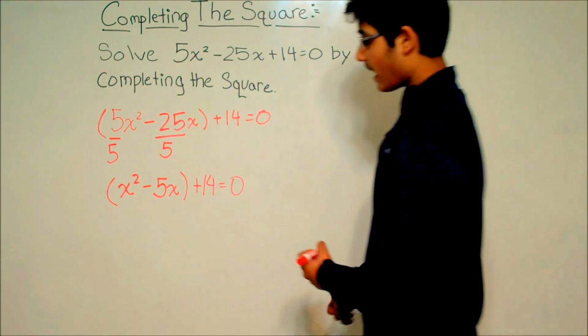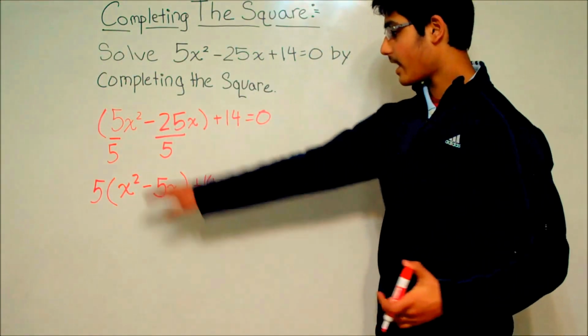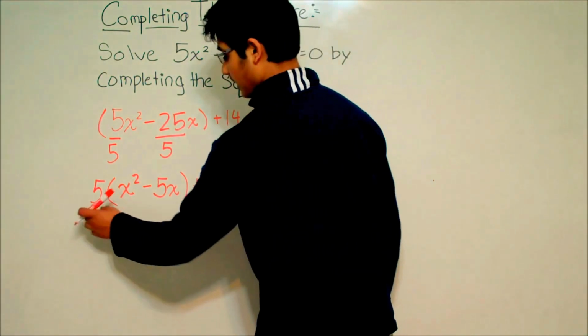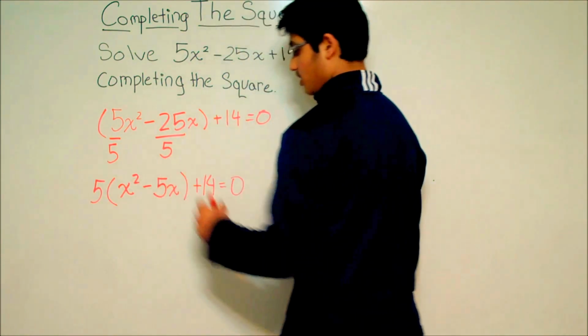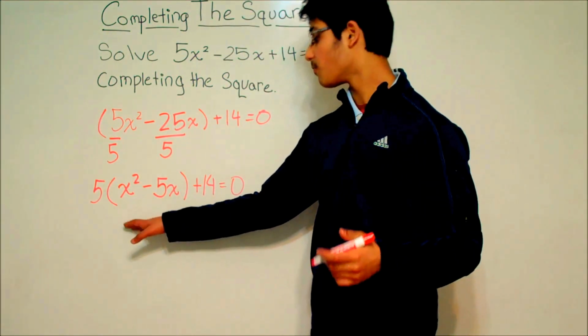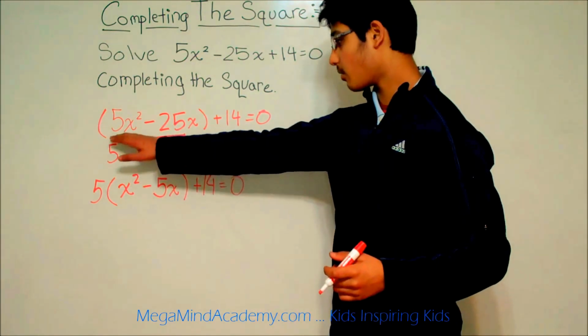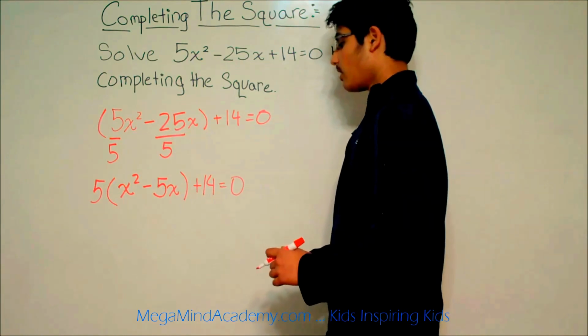Well, that 5 actually goes outside the parentheses. The reason is that it's a factor of this term and this term. When it multiplies back into the parentheses and distributes itself with x squared and negative 5x, you get the same thing, which is 5x squared and negative 25x.